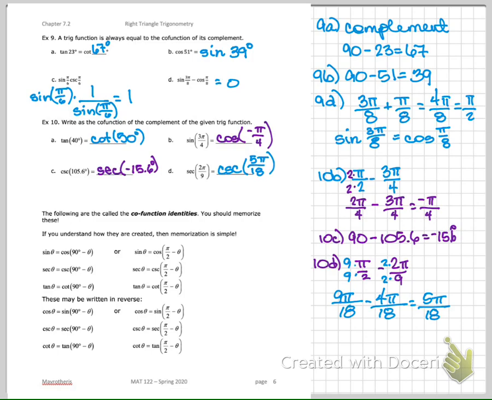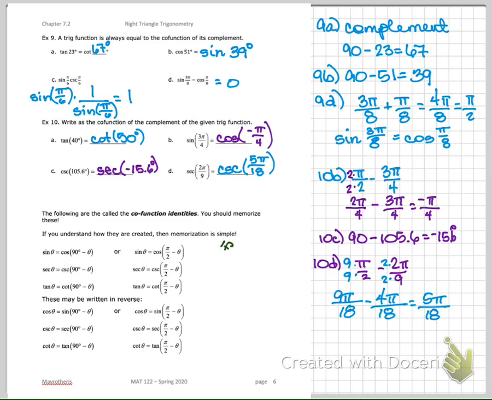So now the bottom part of this is not meant to be super intimidating. These are our cofunction identities. Please don't overthink this.